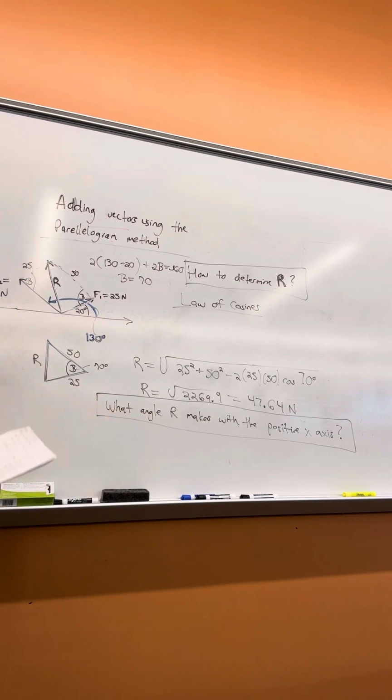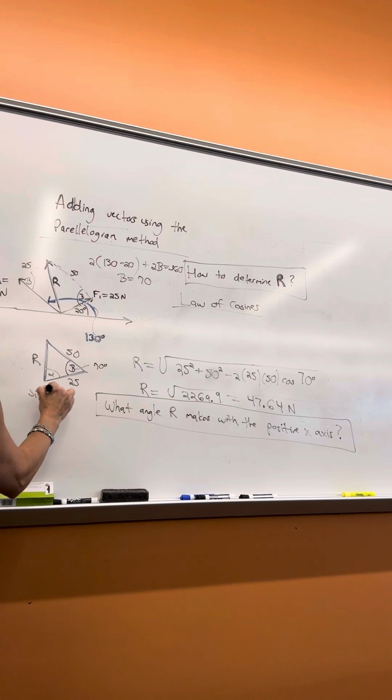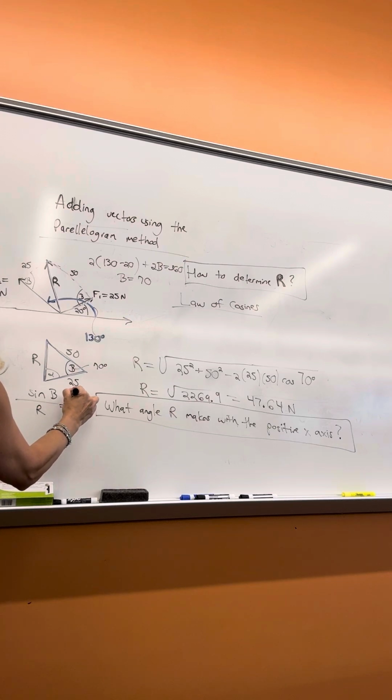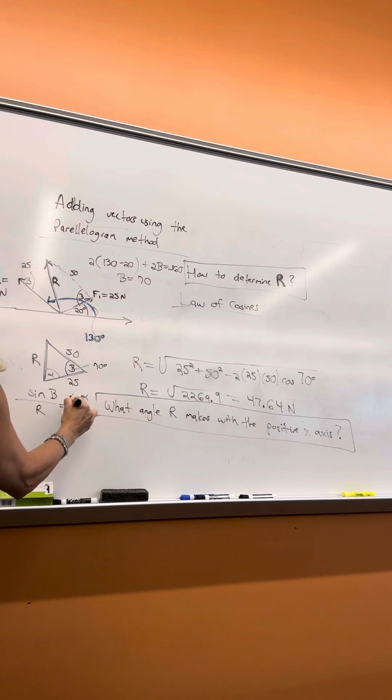Now we can use the law of sines. Okay, so we're going to call this angle here alpha. Law of sines then is going to state that the sine of beta over R is going to be equal to what? Sine of this angle alpha over 50.